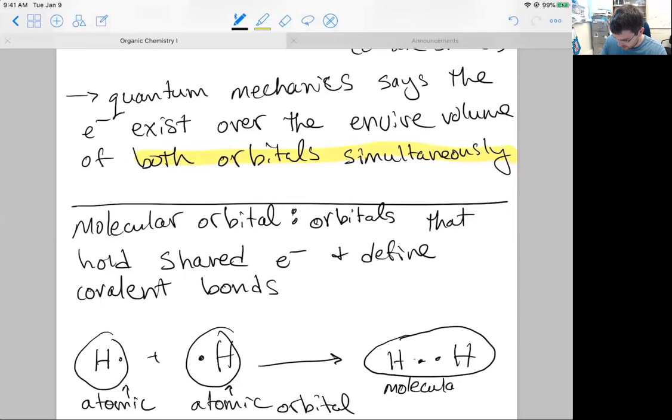So I'm going to be careful. Molecular orbitals form. Turns out that there's one molecular orbital for each atomic orbital that goes in, but that's too quantum mechanic-y for now. The idea is we're going to take these two atomic orbitals, and for the electrons to be shared, the atomic orbitals sort of merge together to form a longer oval.